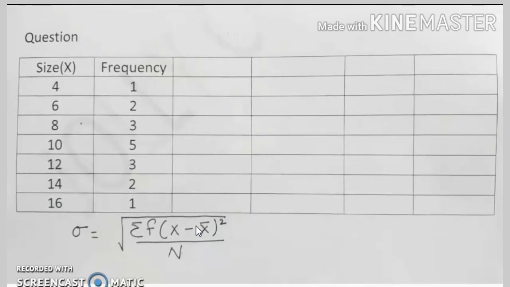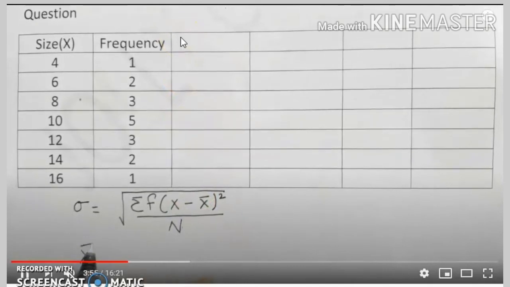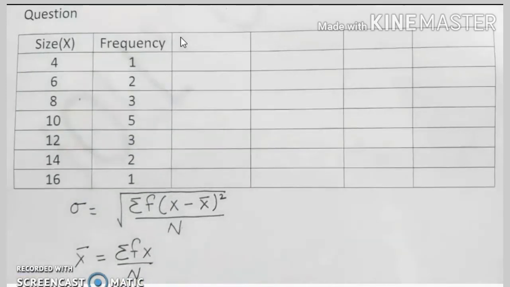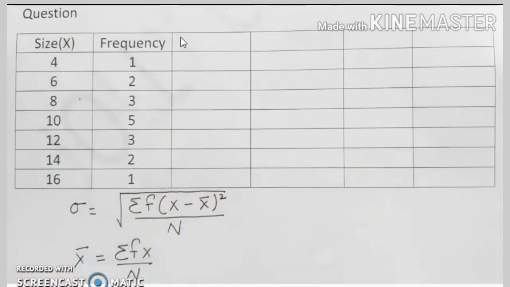So like that only we can find here also. So as per the formula we need x bar first. So as you know we have to find the mean first. So sigma fx by n is the formula for the mean in this discrete series. So how will you find that?